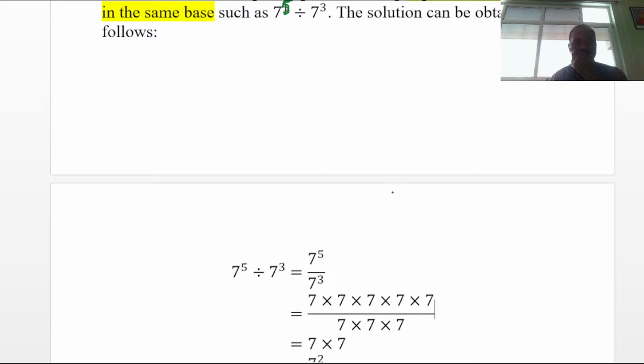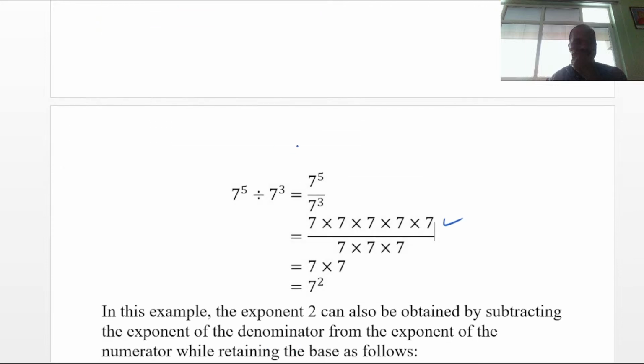If you have 7 power 5, that is 7 being multiplied 5 times, and then divide by 7 power 3. So you'll be dividing by 7 being multiplied 3 times. Eventually when you do that, you're going to see that 7 and 7 go, 7, 7 goes, eventually remains 7 times 7, which is 7 squared.